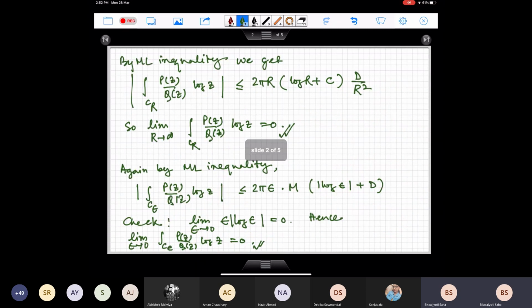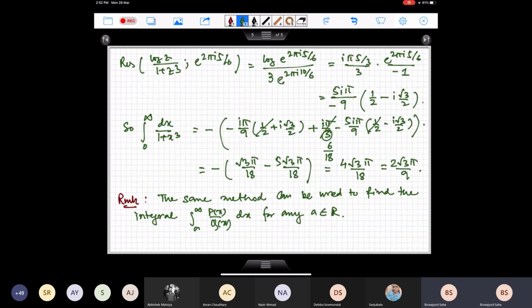Okay. So here, in this particular case, the formula that we get is that this integral from a to infinity of px upon qx dx is actually equal to, you can say, minus summation, of course, as usual, zk's are zeros of q.